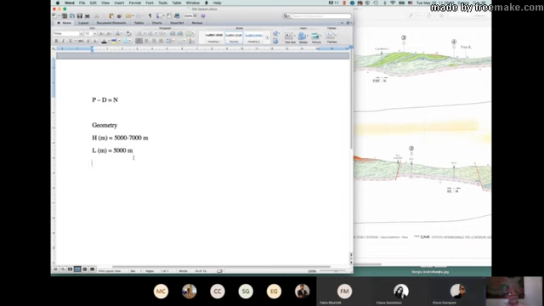Now, other parameters that you feel are important, well, let's see if we are going to have convection or advection in this geothermal system. This means that you are going to have fluid motion.